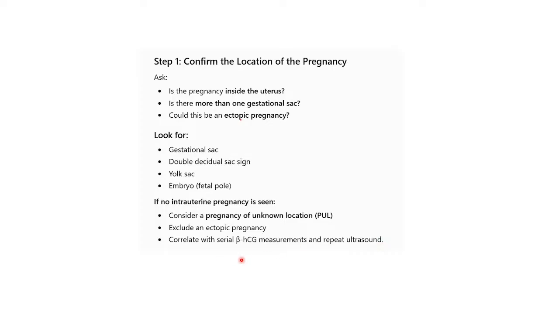You must exclude an ectopic pregnancy, correlate with serial beta hCG measurements, and repeat the ultrasound scan if no pregnancy is seen. Those are the other things that can be happening. It could be a pregnancy of unknown location, or it could be an ectopic pregnancy, or you should consider beta hCG measurement and repeat the scan to make sure that the pregnancy was there in the first place.